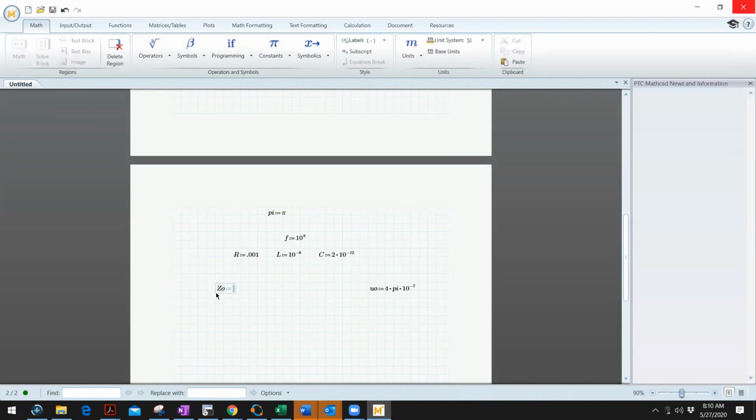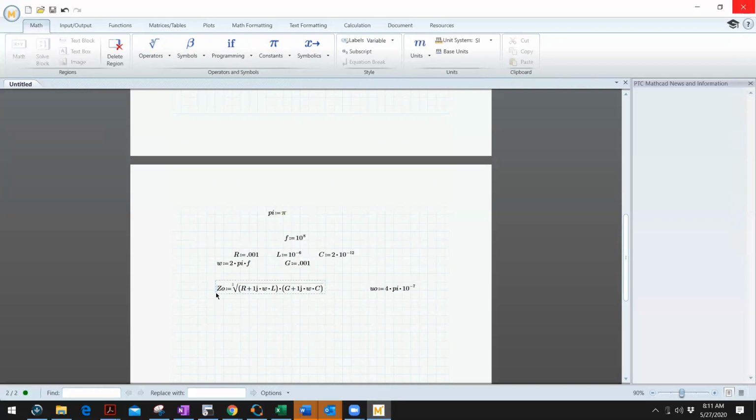So Z naught would be equal to the square root of R plus 1J times omega times L, over G plus 1J times omega times C. And here, what was G for this one? 1 milli.